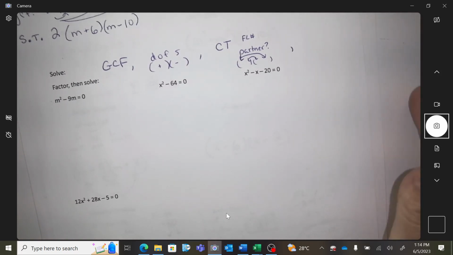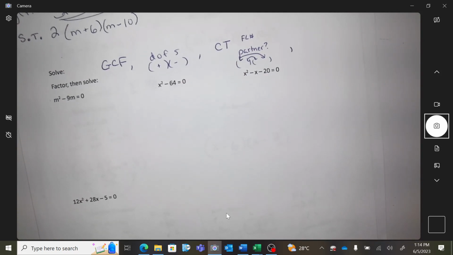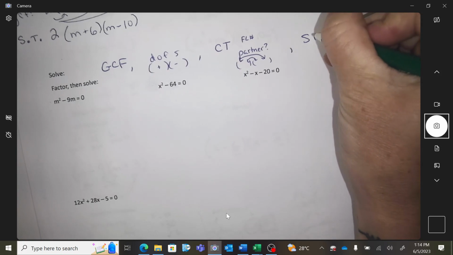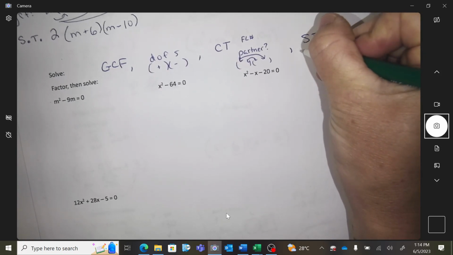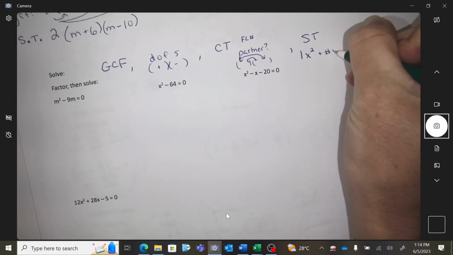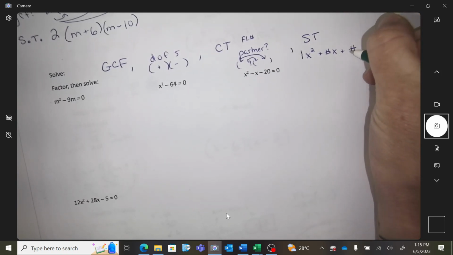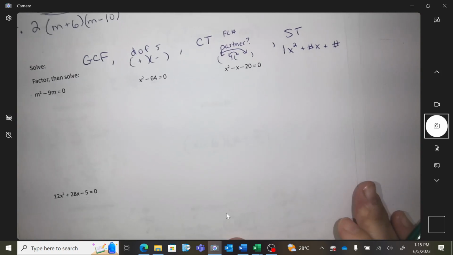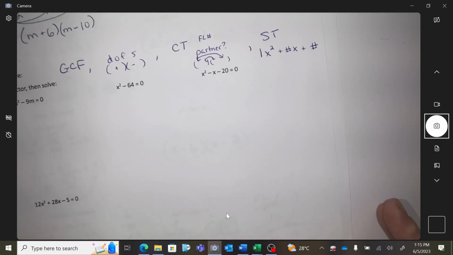And we're missing one kind. Simple trinomial. So a simple trinomial is when there's just a 1, x squared, x, and a number. So in a simple trinomial, it has to do what and what again?